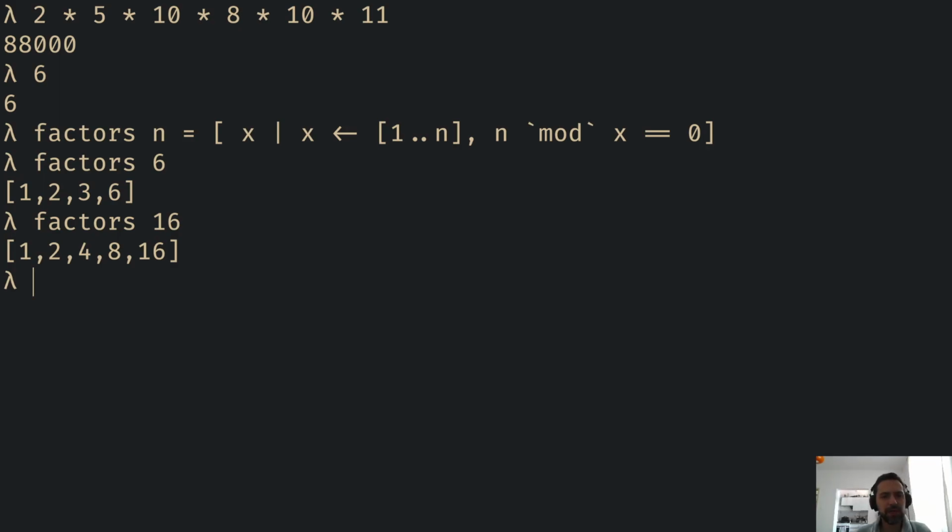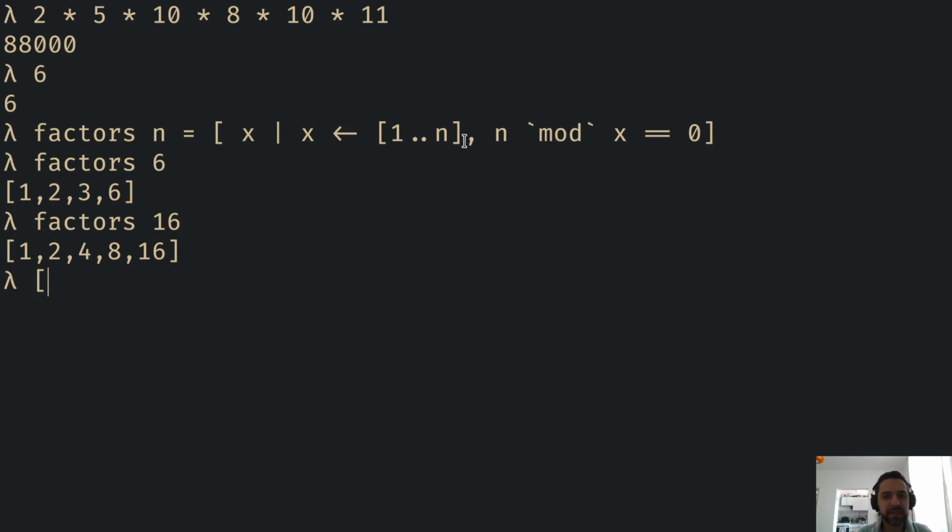So how do we make a more simple version? Because this is a generalized factors n. I want to make something like, if I want 6, let's see, factors of 6.